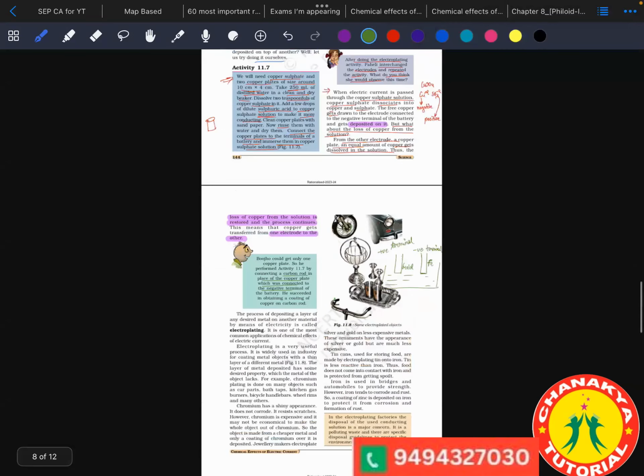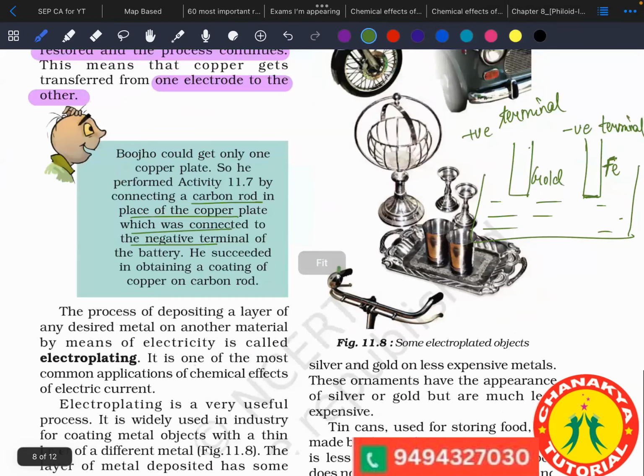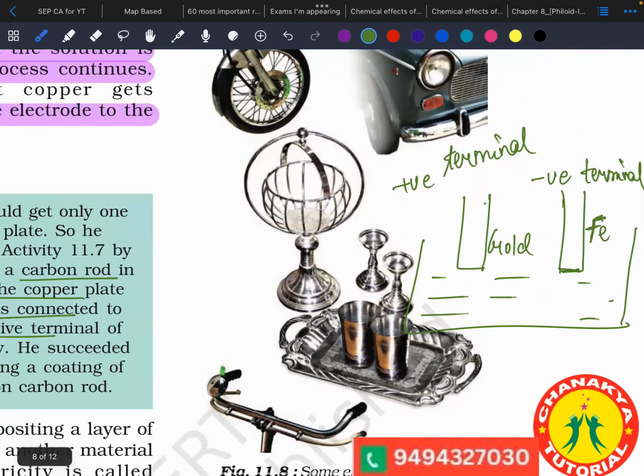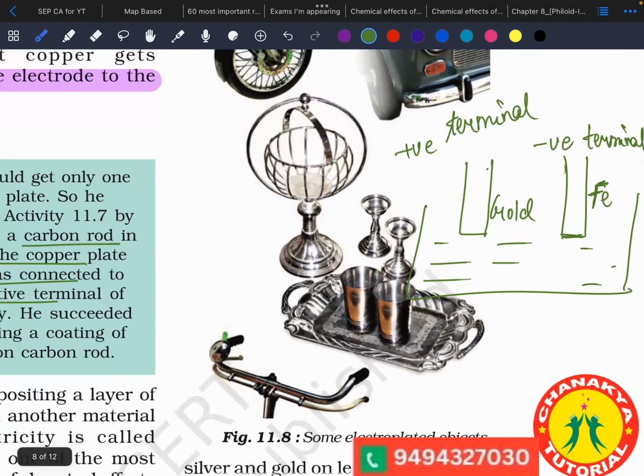Fine. So I am explaining the fake jewelry kind of thing. They take iron, and they deposit this gold on this iron. The gold which is deposited is not much. It is only a small quantity, so it gets deposited on the surface. And as you know, gold is shiny. So when it is deposited on the surface, the iron rod will also become shiny.